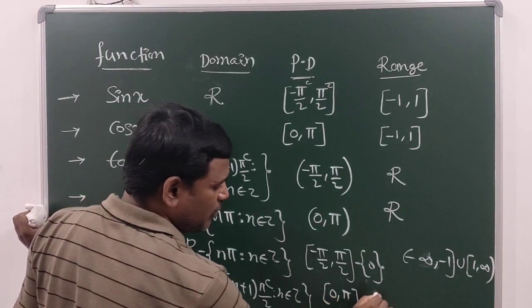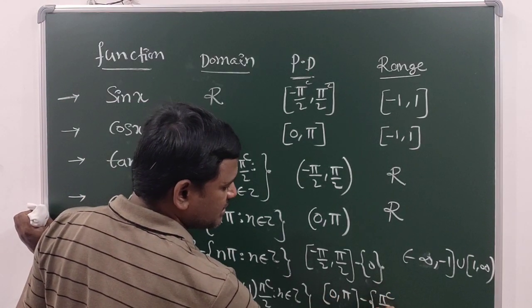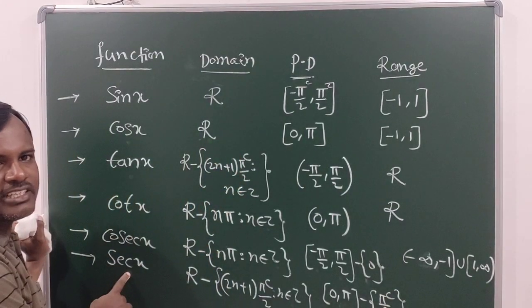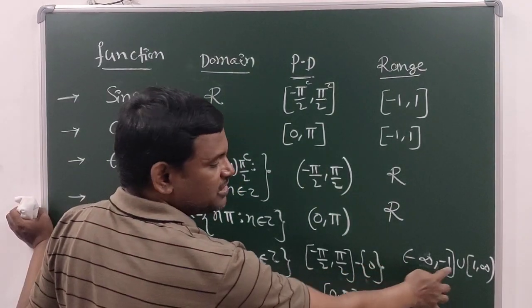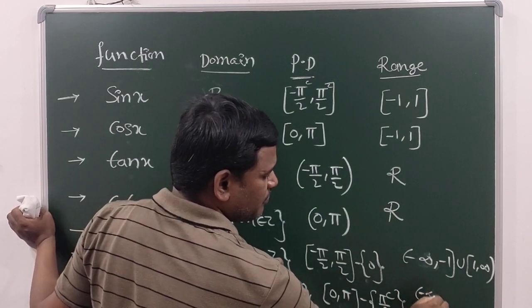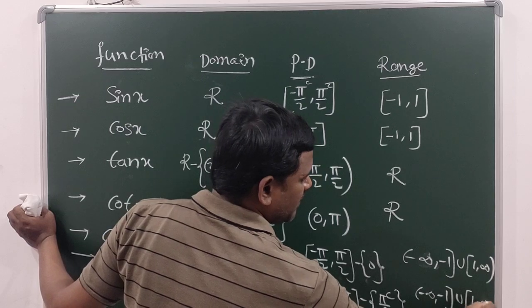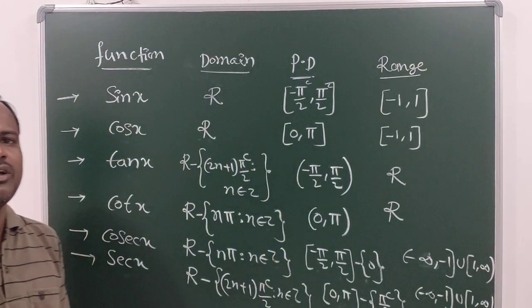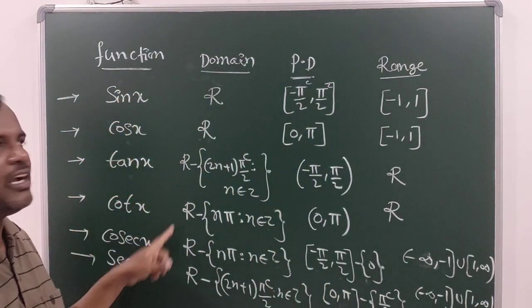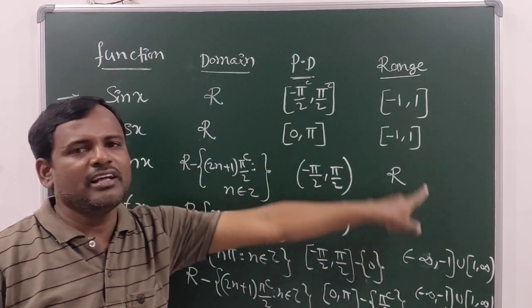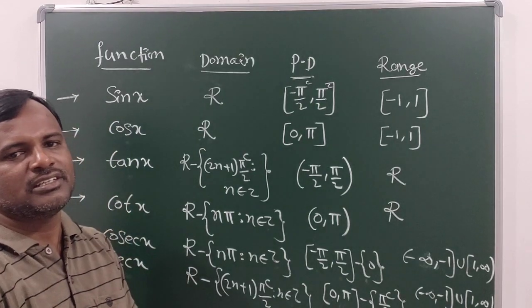So from this interval you have to subtract 90 degrees. The range for secant x is minus infinity to minus 1, closed, union 1 to infinity. So these are the functions, their domains, their principal domains and ranges.